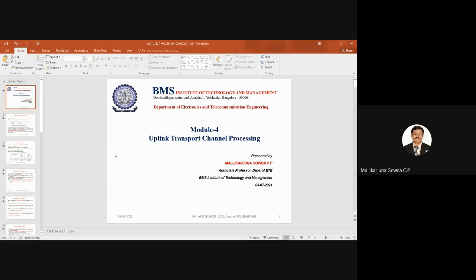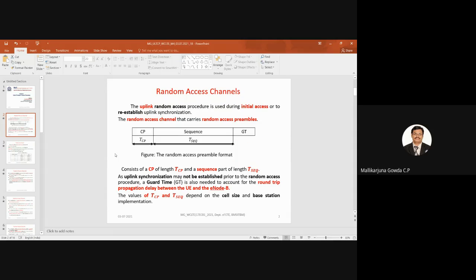Let us now try to understand the random access channel, RACH. This is one of the uplink channels, used for requesting resources from the eNB to communicate with the eNB.